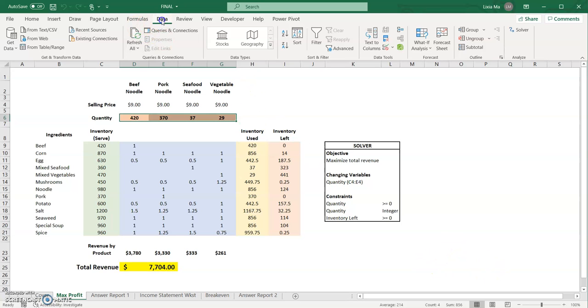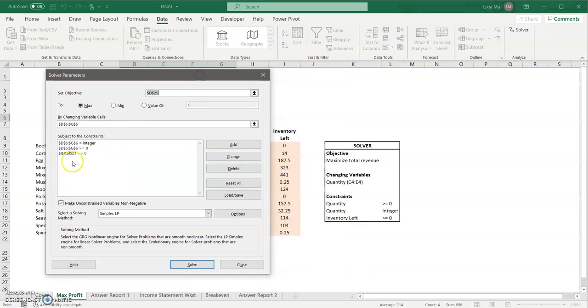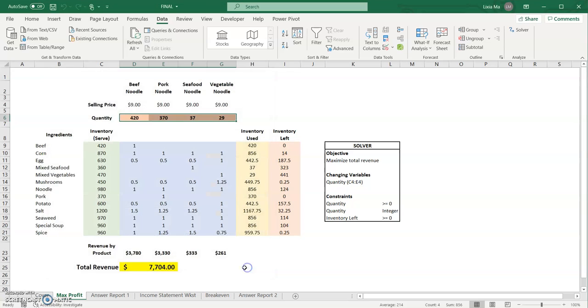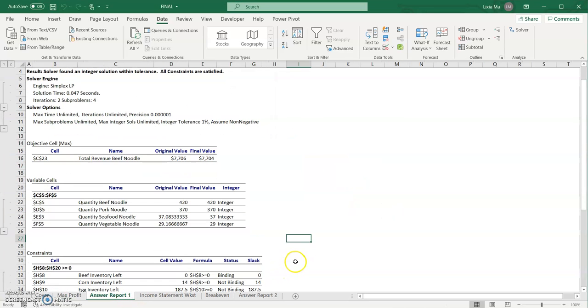So if we click Data and go to Solver, input the parameters I have over here and click Solve, we'll get this answer report. Based on the answer report, the maximum profit the store could get is $7,704, and ideally they should sell this amount of noodles.